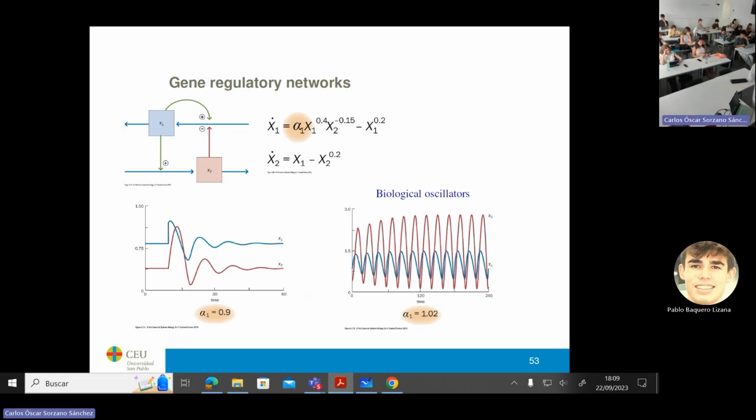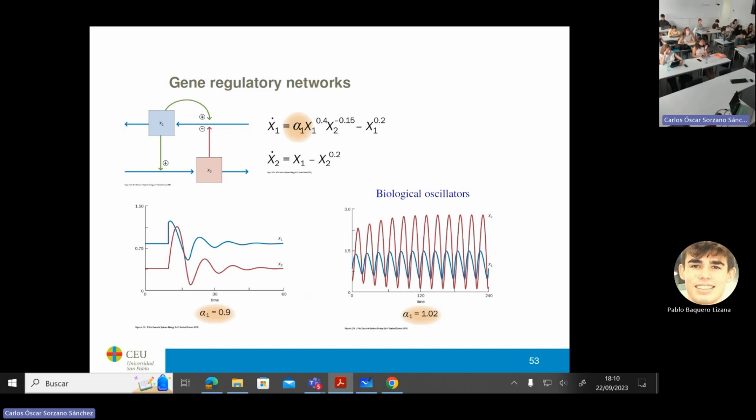So, an example of a gene regulatory network. Let's say that X1 and X2 are controlling each other with these signs. X2 is inhibiting X1, and X1 is promoting X2.